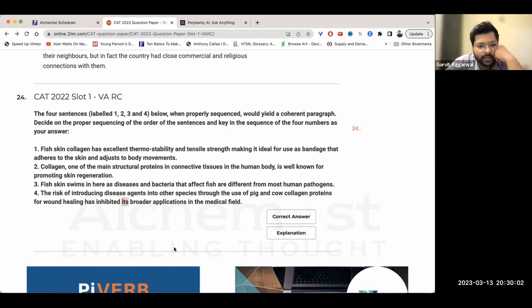They swim in here and are different from most human pathogens. Okay, so let's write this here. And only one is left, which should come towards the last: it has excellent thermostability and tensile strength, making it ideal for bandages and so on. That's it.